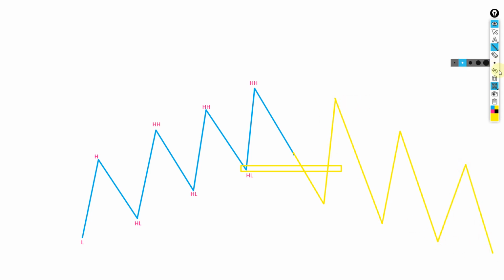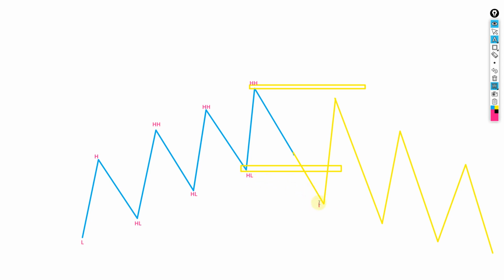This was a high, right? The fact that the market has failed to make another higher low here, since it has failed, this thing that it has created is a low. Now this low is lower than this low. So what will it be called?